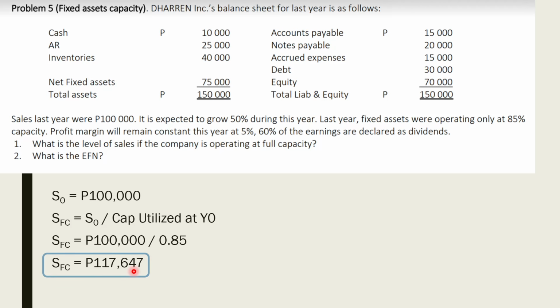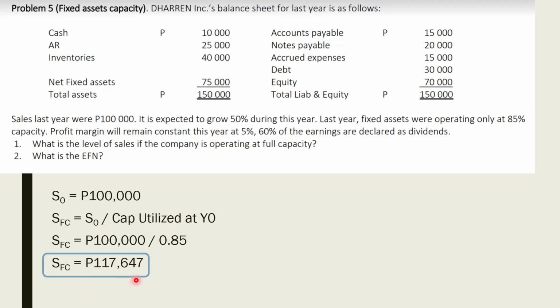117,647. That would be your sales at full capacity. Now, this would be a problem when we calculate the EFN. Remember, as emphasized a while ago, during this coming year we expect sales to be 100K plus 50%, 150,000.